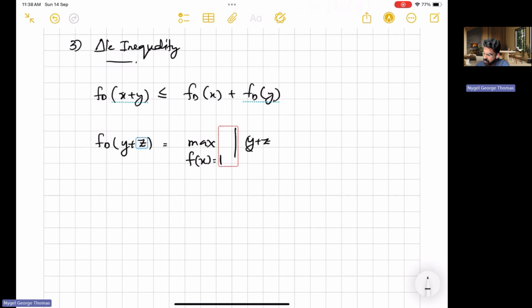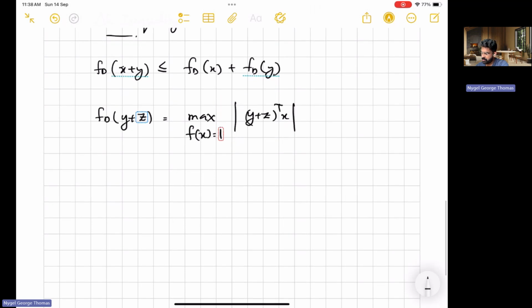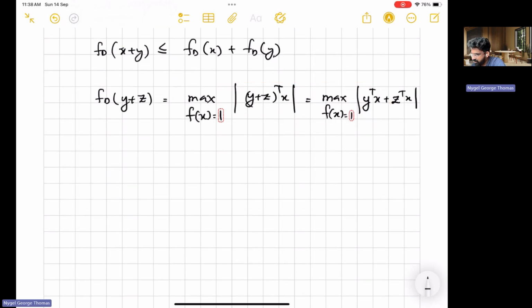Y plus z whole transpose into x. Transpose is actually distributive. You can distribute it over the sum. The max f of x is equal to 1, modulus of y transpose x plus z transpose x. So this is what we've got.